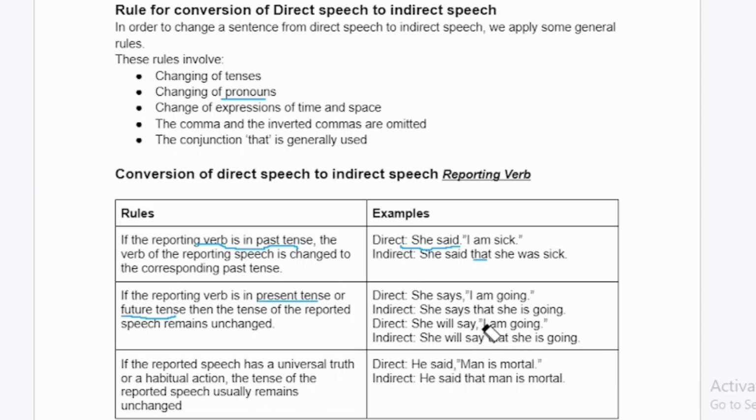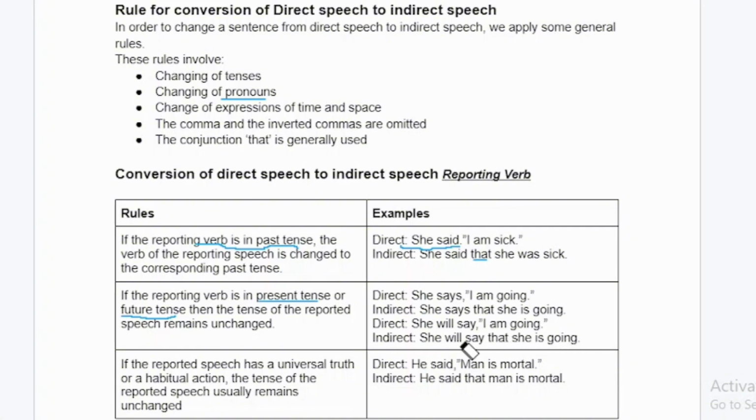We just use am with I. So what we use in the present sentence, we use is with she: she is going. That is the will sentence, and we omitted the commas, look at it.